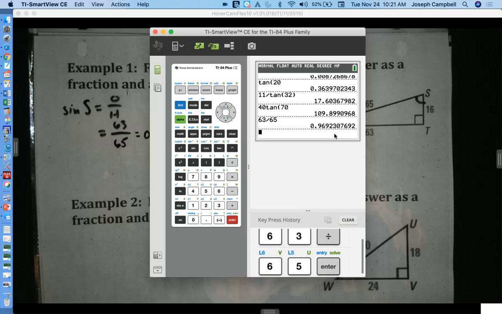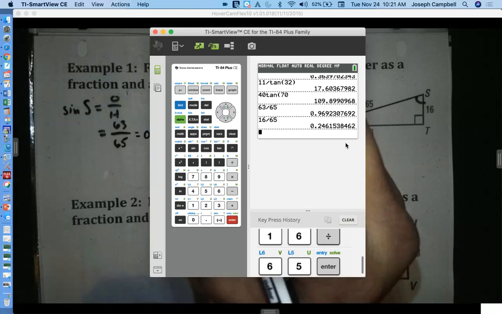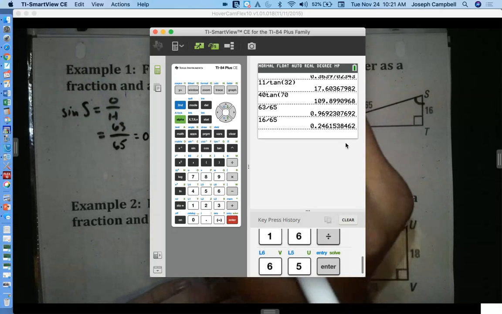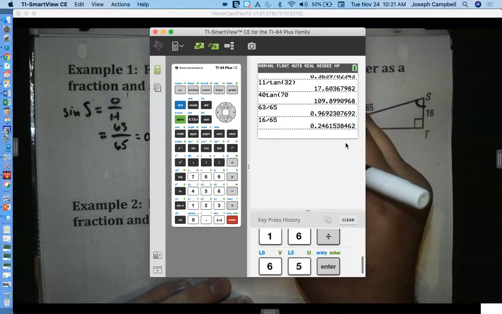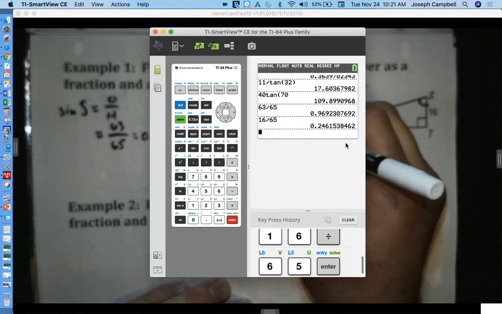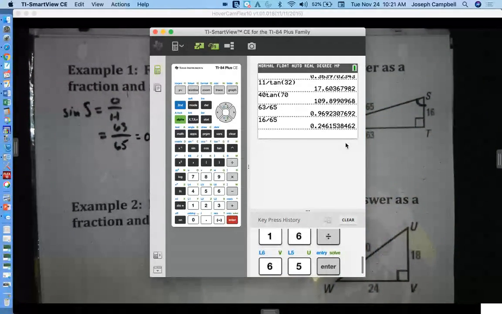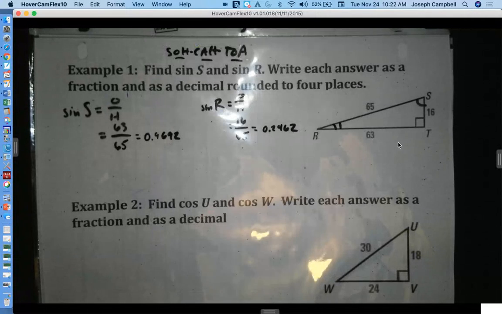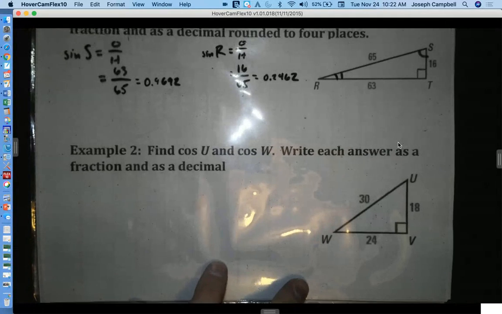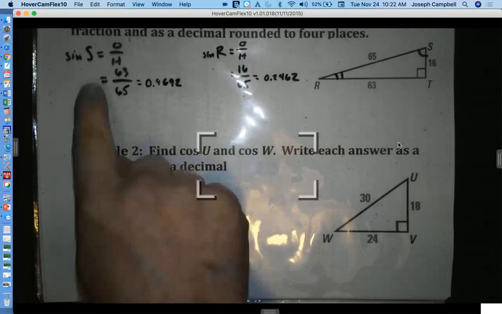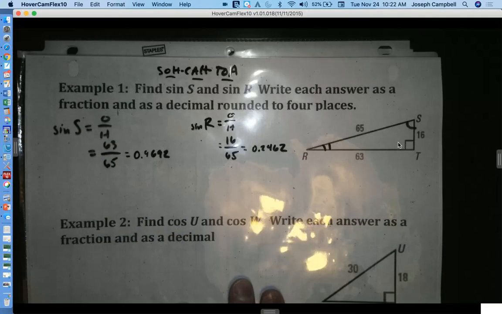And then we have 16 over 65. 0.2462. Okay. So those are our two answers there. All right. So sine is SOH, cosine is CAH.